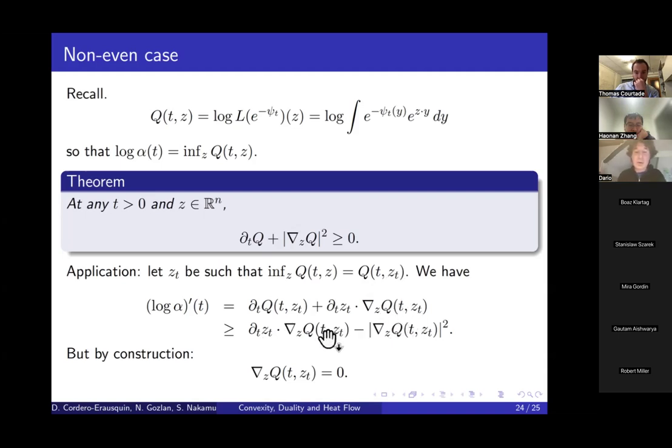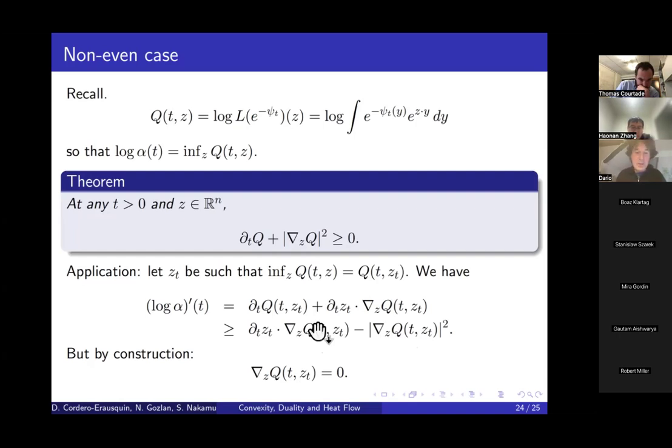But now I use my equation above: the derivative in time is greater than minus the gradient square. So I have this inequality. But by construction, I'm looking at the minimum, so the gradient in space at zt is 0. So both terms are 0, and I get again that this is non-negative. So this proves the non-even case.